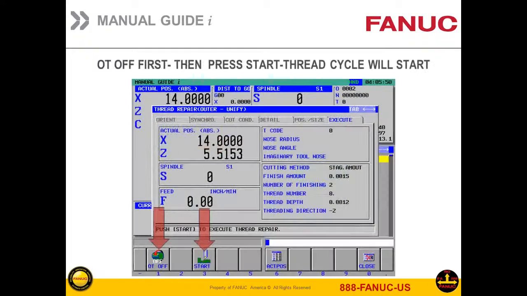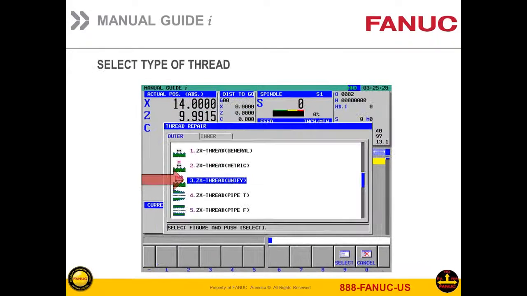Then once you do that, it goes to this other screen. The first thing you want to do is move the tool out of the thread, because it'll make you do that. Then you press OT off, which cancels the orient, and then you press Start. Then it'll go back in and redo the thread.